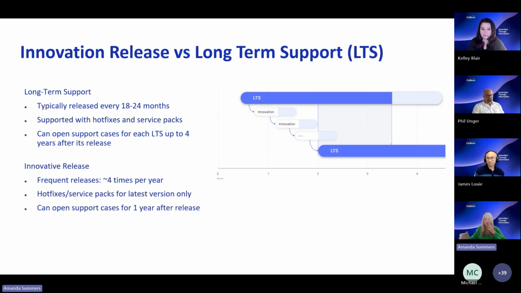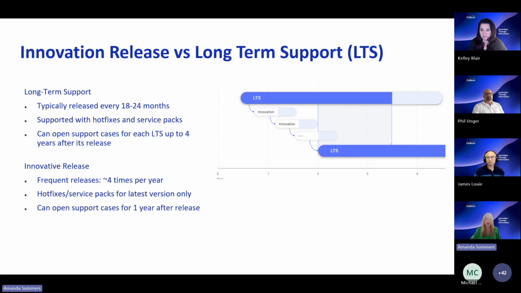So this morning, as I mentioned, Spotfire announced the new innovation release, which is 14.7. However, to clarify, it is not a long-term supported version. It's an innovative version. We thought we'd walk you quickly through the differences. So let me start with the LTS track. LTS versions are designed for stability and long-term reliability.